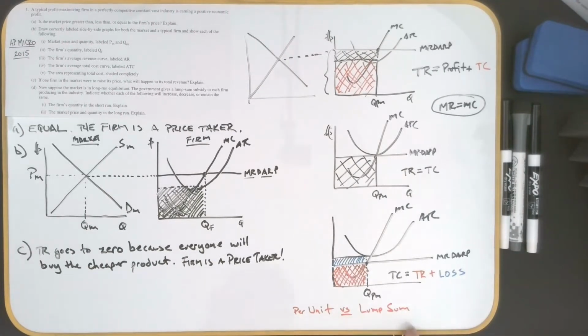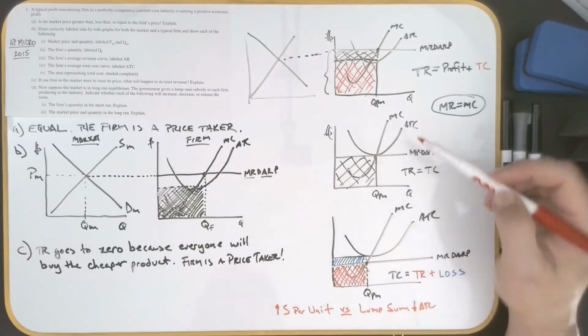Now, when you have a lump sum subsidy, it's going to lower your ATC. Your per unit subsidy is going to shift your supply curve. And if you think about the very first things you learned in supply and demand: government actions, taxes or subsidies, shift the supply curve.